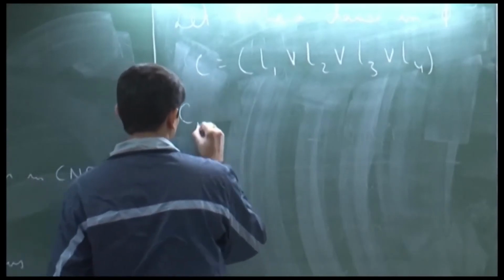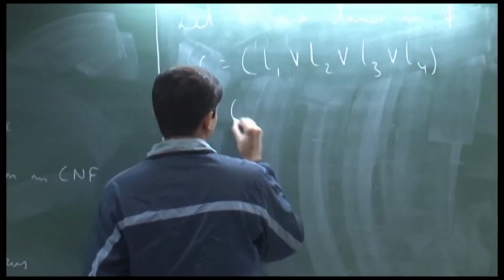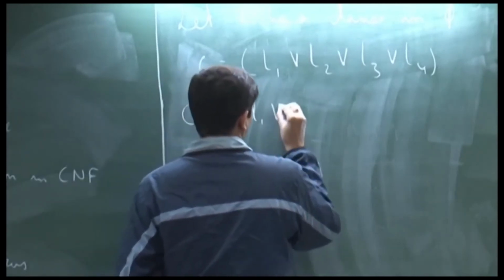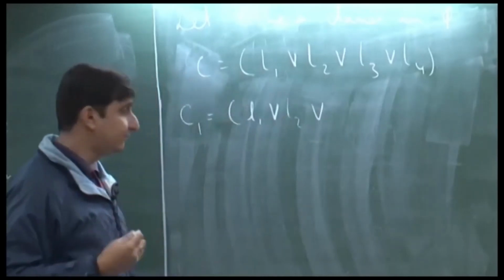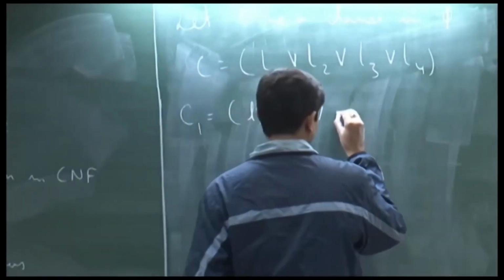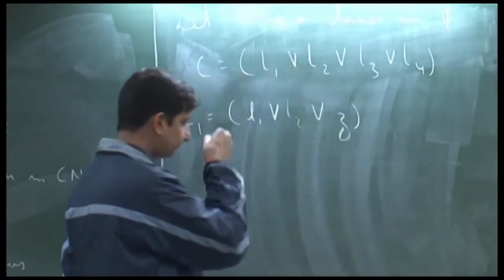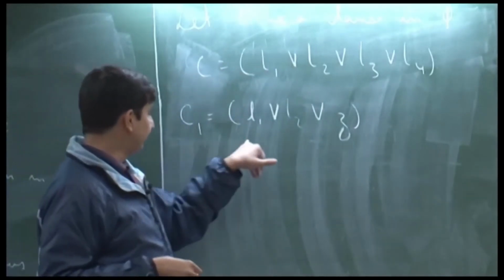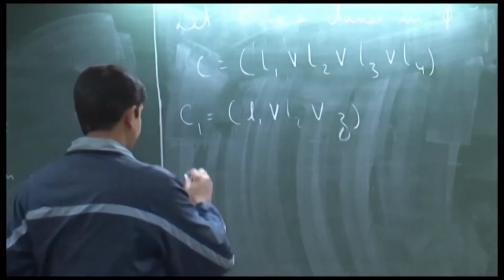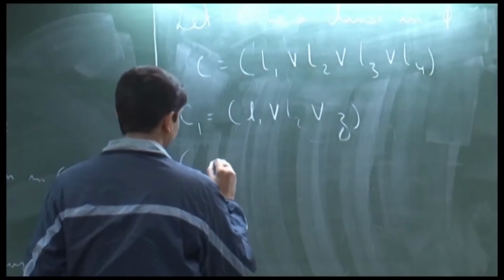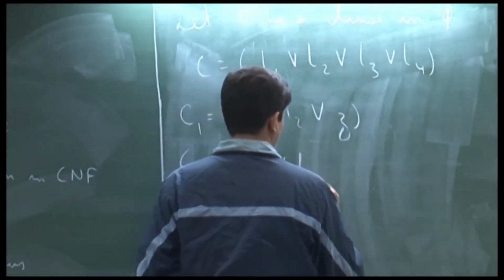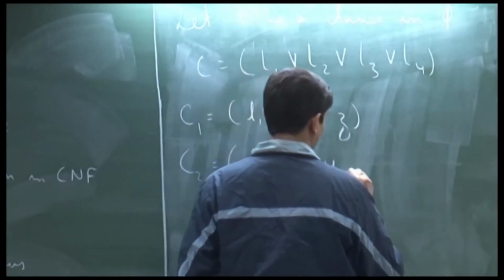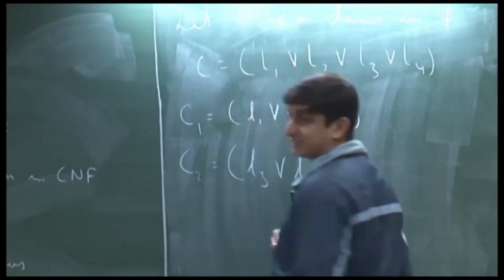We construct a clause C1, which is L1 or L2 or Z, where we introduce an additional variable Z, and another clause C2, which is L3 or L4 or the negation of Z.